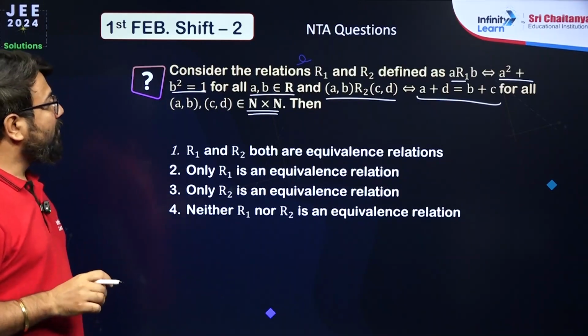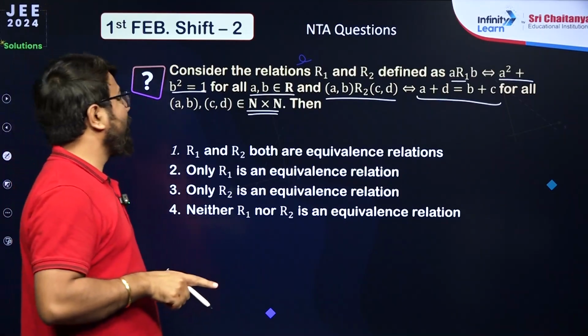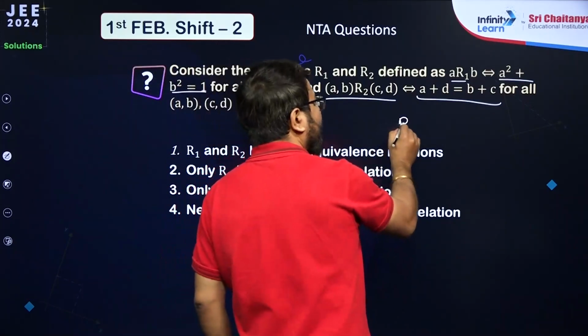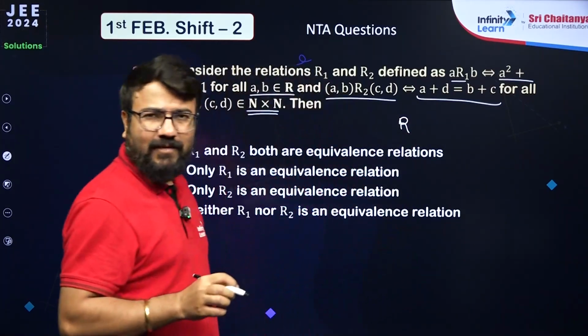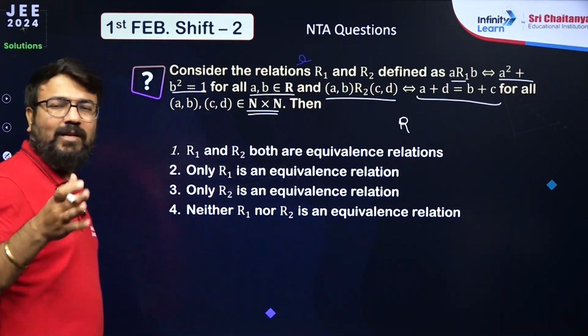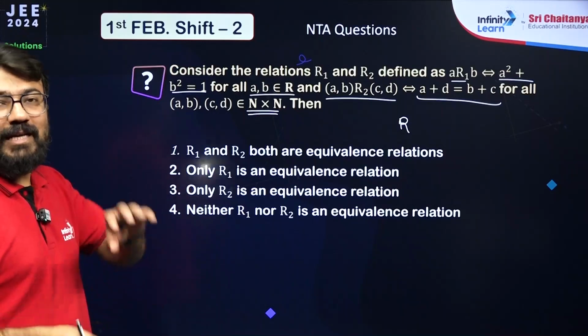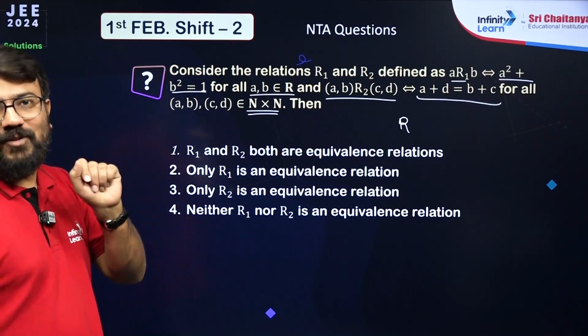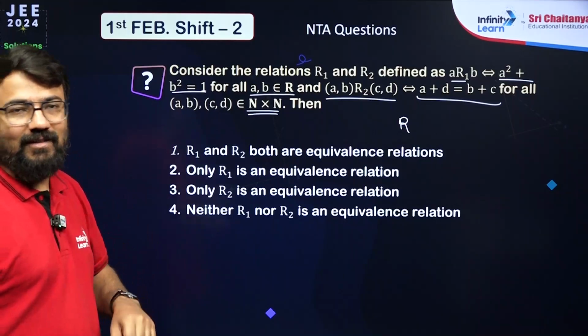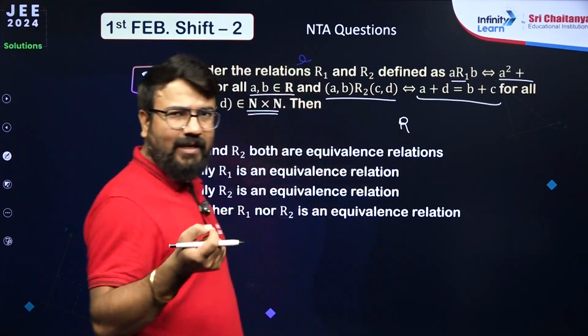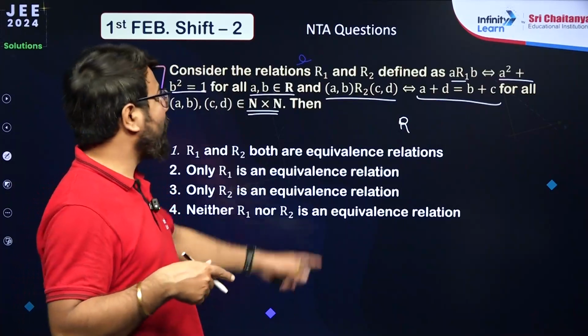Now let us talk about relation number 1. In relation number 1, it has been given a square plus b square equals 1. Don't you think that every real number will satisfy this? No. Only the real numbers lying on the circle x square plus y square equals 1 will satisfy that. So every (a, a) will not belong to this relation.